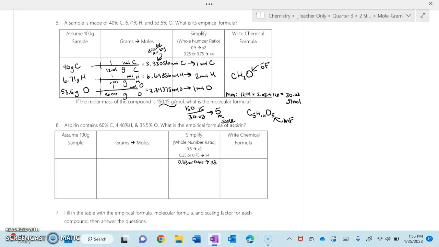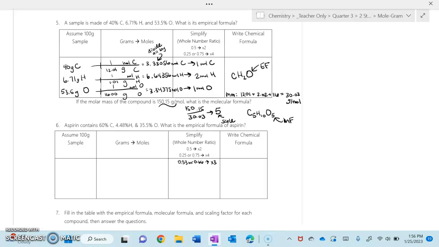So after you divide them all by the smaller, let's say you get 1, 2.5, and 1. Then what you could do is multiply all of them by 2 to get 2, 5, and 2. So when you're playing with your numbers, you don't want to round ever, ever, ever unless you're 0.00 something or 0.99 something. All these in-between numbers you have to manipulate a little bit to get whole numbers. No rounding, because a chemical formula always has whole numbers, so we can trust that it will work itself out.